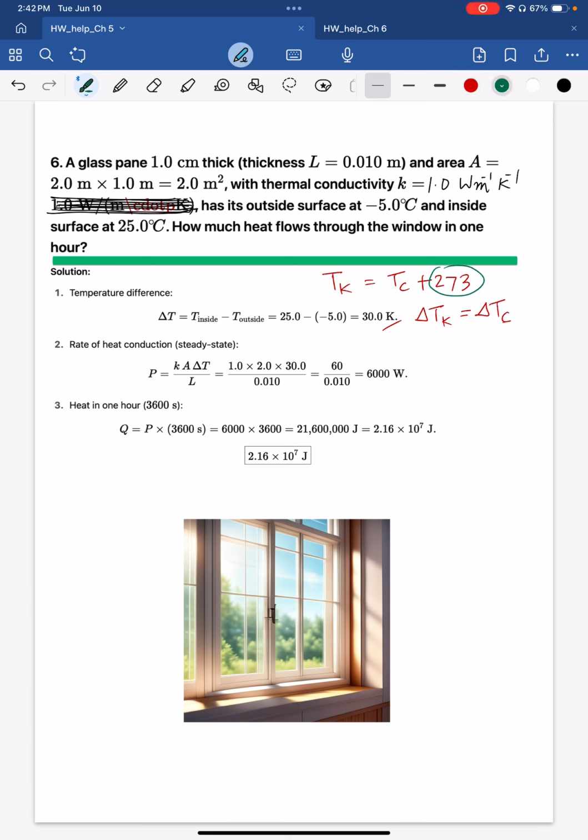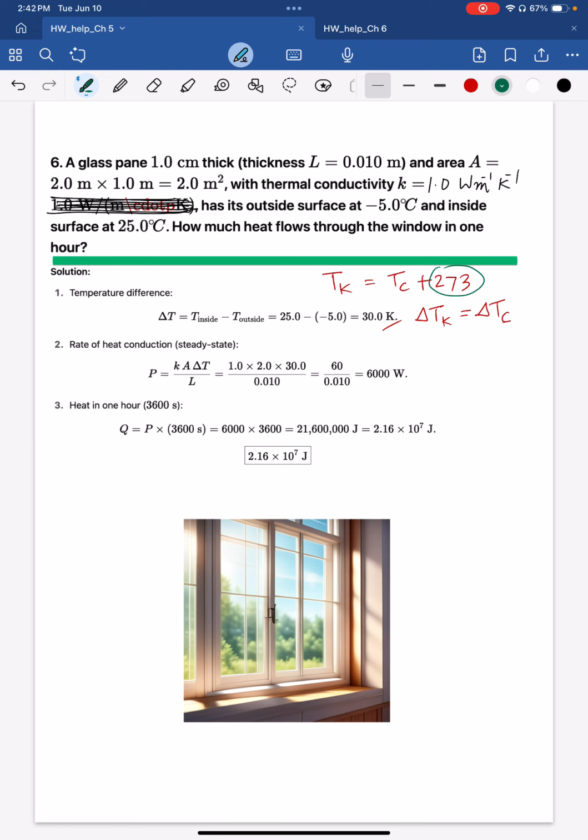Because this number cancels out because you're only looking for change. So remember that the change in the Celsius scale is the same as the change in Kelvin scale. That's why I've written it as 30 Kelvin instead of 30 Celsius. Both are correct. At least some students make a mistake there. They will try to add 273. You don't have to do that.